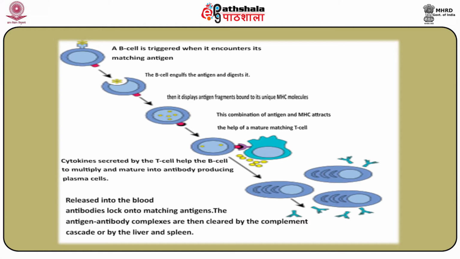But when is the B cell activated? B cell, when it encounters the antigen, engulfs and then presents it on MHC molecule. Macrophage and dendritic cells can also do the same work, that is act as APC or antigen presenting cell.